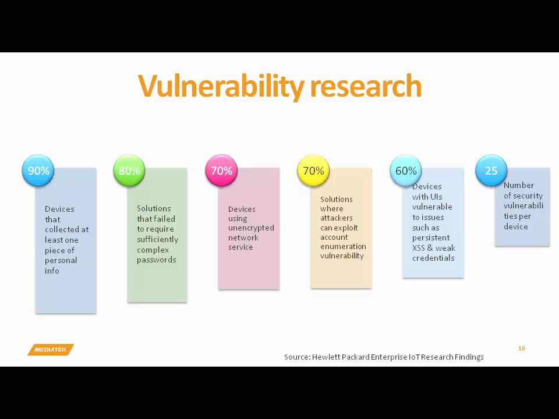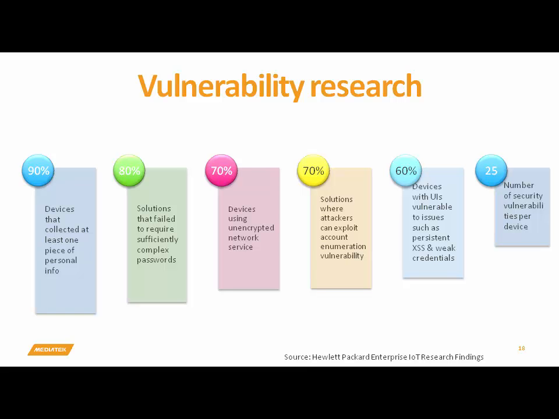So you can see that's an instant vulnerability as well. And 25 is the number of security vulnerabilities per device. This is an average that has been researched by Hewlett-Packard Enterprise. So quite worrying figures.